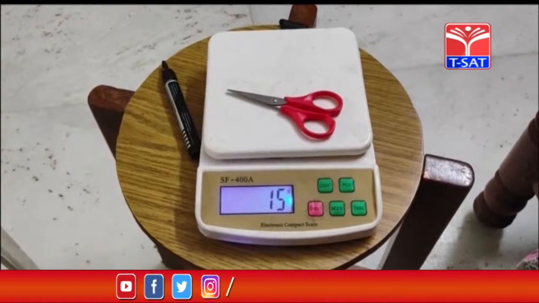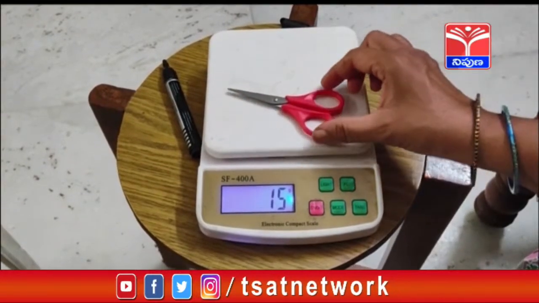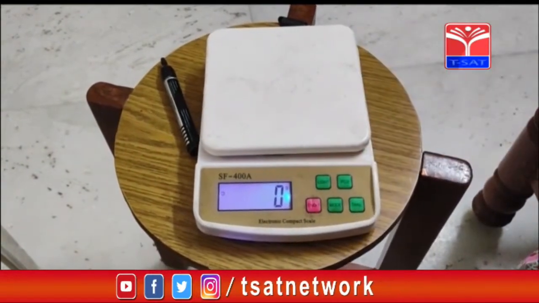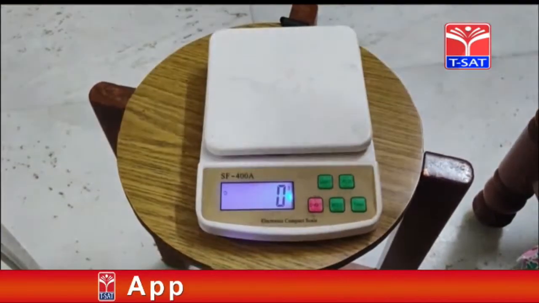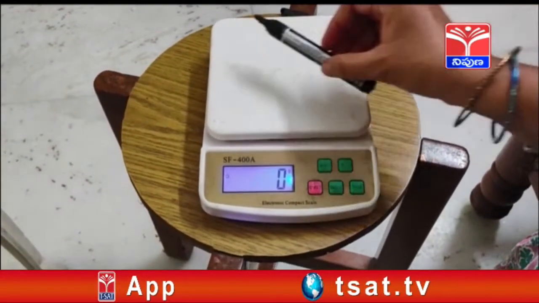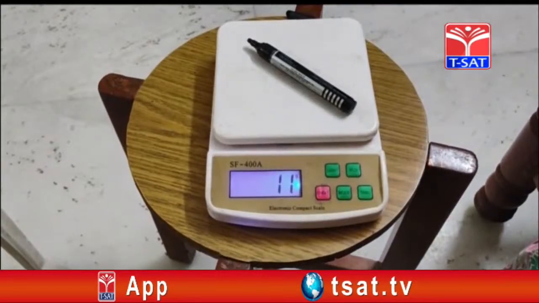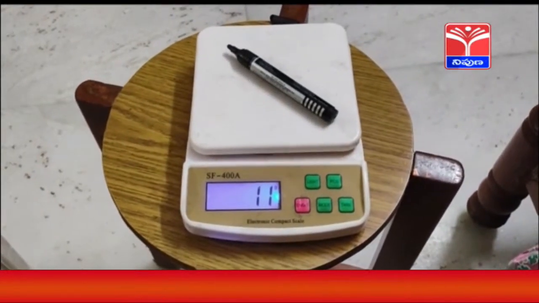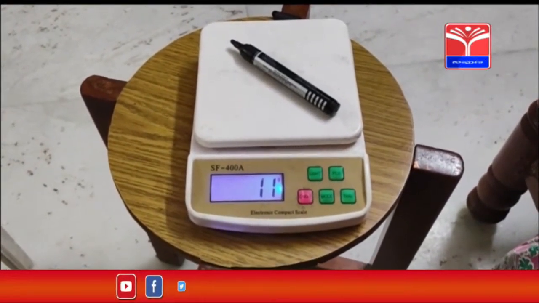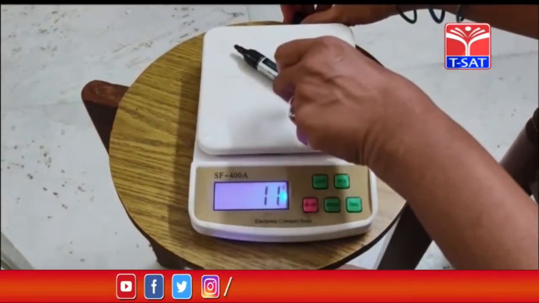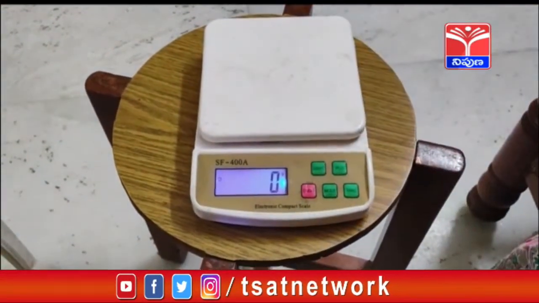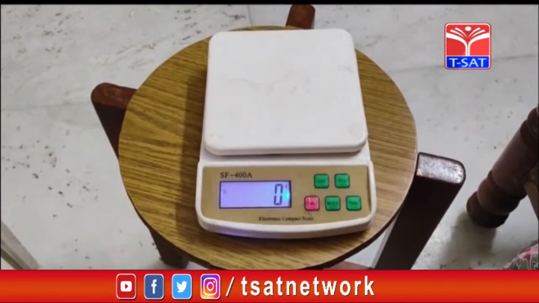Oh, this is also around 15 grams. Now, let us see the weight of this marker. Oh, it is 11 grams. Oh, its cap is here. Now, let us see the weight of this marker along with its cap.